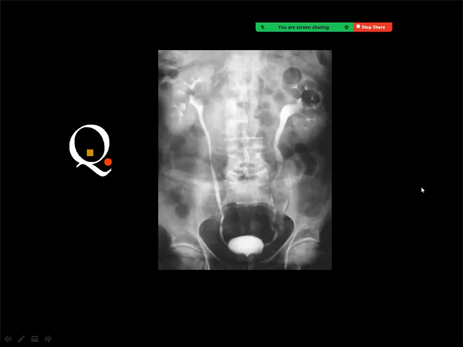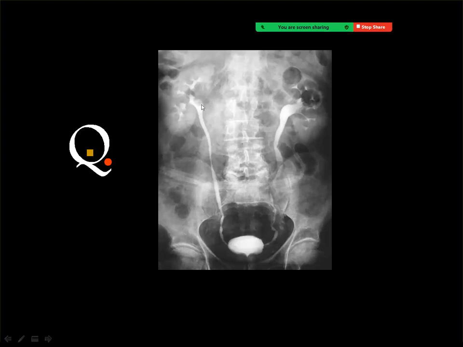Okay, and he said that there is some stasis in the ureters, and I am not sure if the intravenous urography studies are seen frequently in the exams or not, but this examination is considered one of the basics of urinary tract imaging.